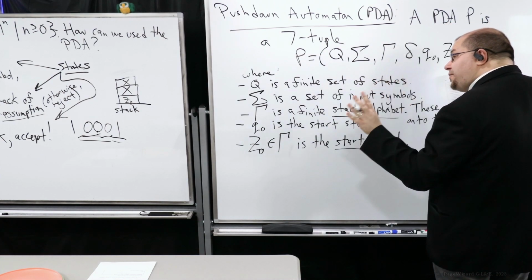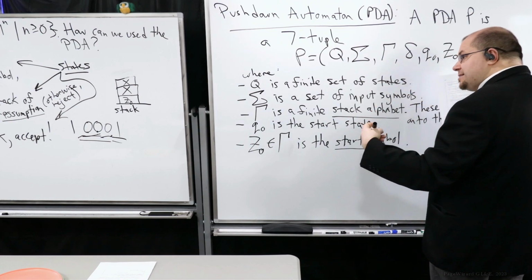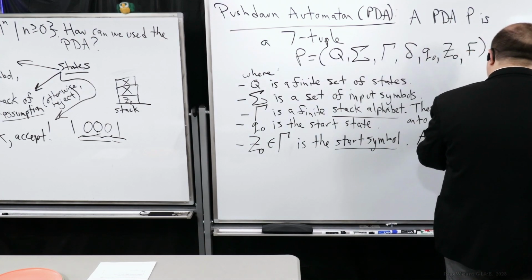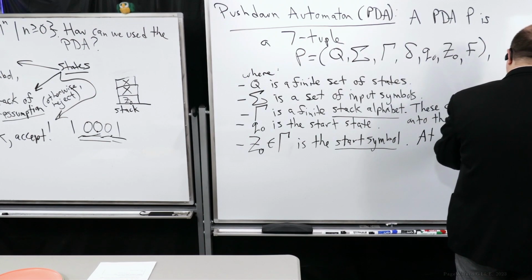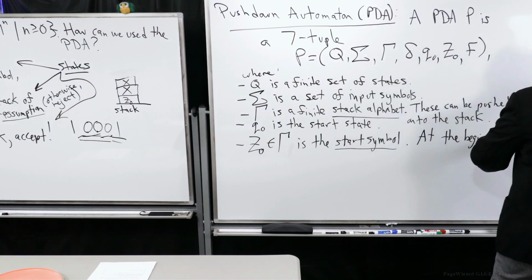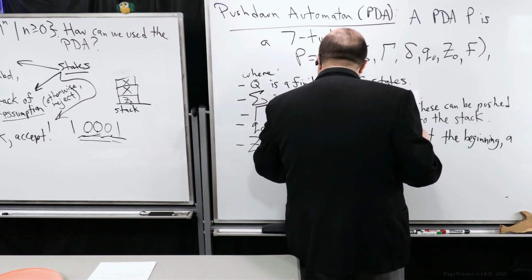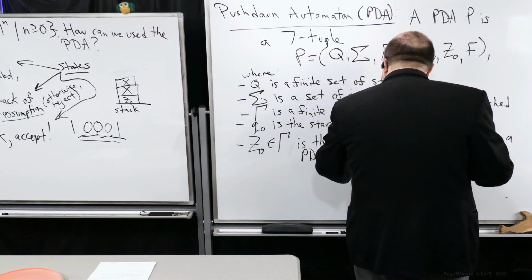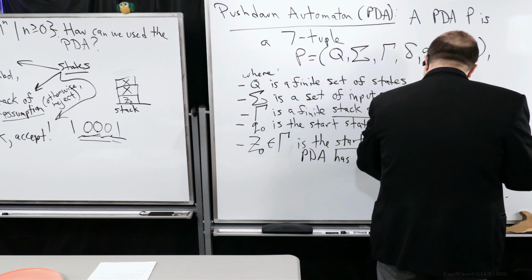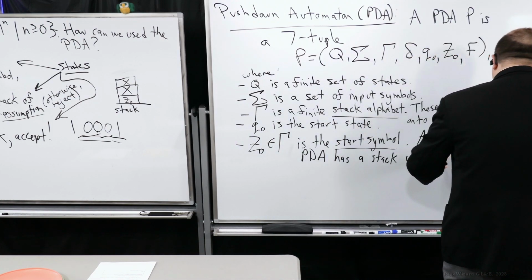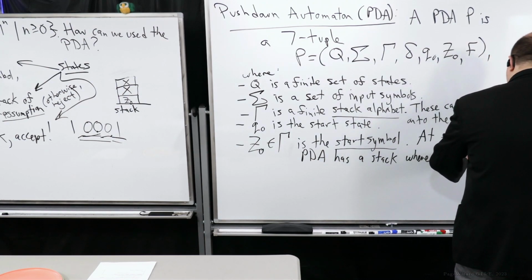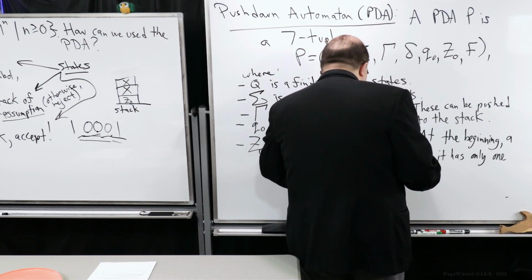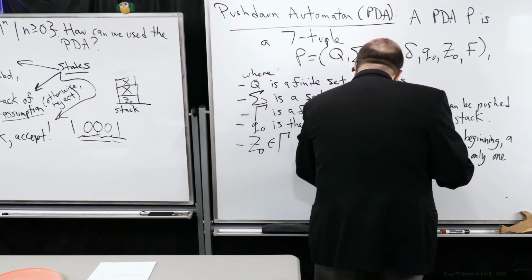So the way we're going to define the PDA, you don't have to define a PDA like this, but for the sake of our designs, at the beginning, a PDA has a stack where it has only one instance of this symbol.